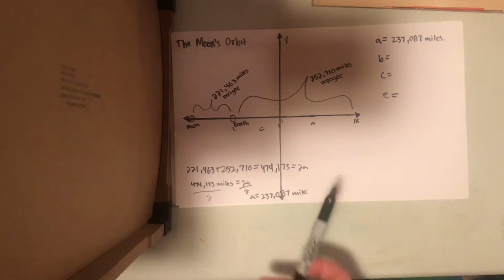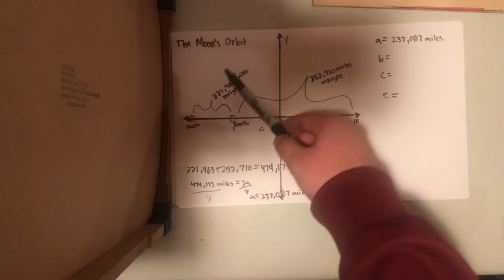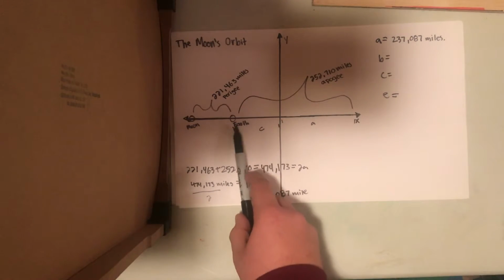Next, you can find the value of C. You know that this distance will equal 221,463. However, you don't know this distance.